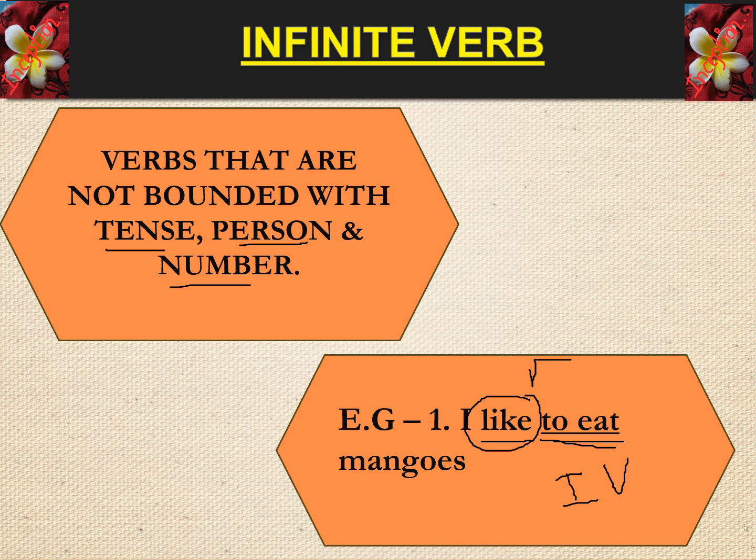If we change the tense, the person, or the number, to eat will be just like this. To eat will not be changed. What will be changed? Like. If we write this sentence in past tense, then what will we write? I liked, right? I liked to eat mangoes. Then which verb changed? Like, the main verb. That's why like is a finite verb. But to eat is not changing.